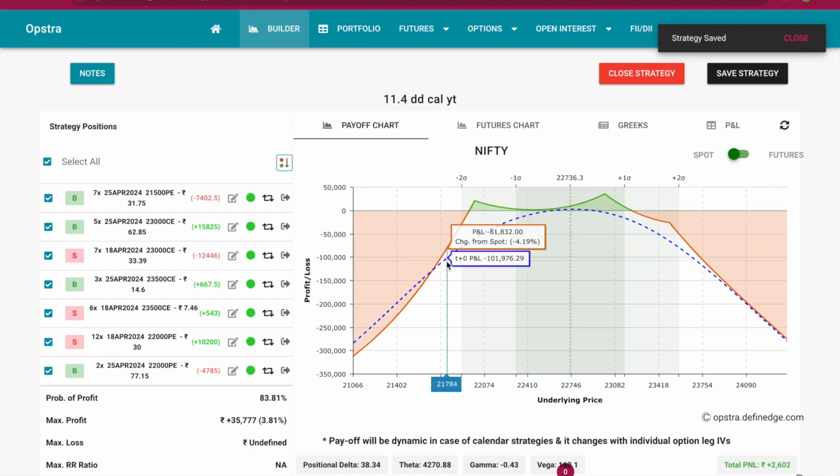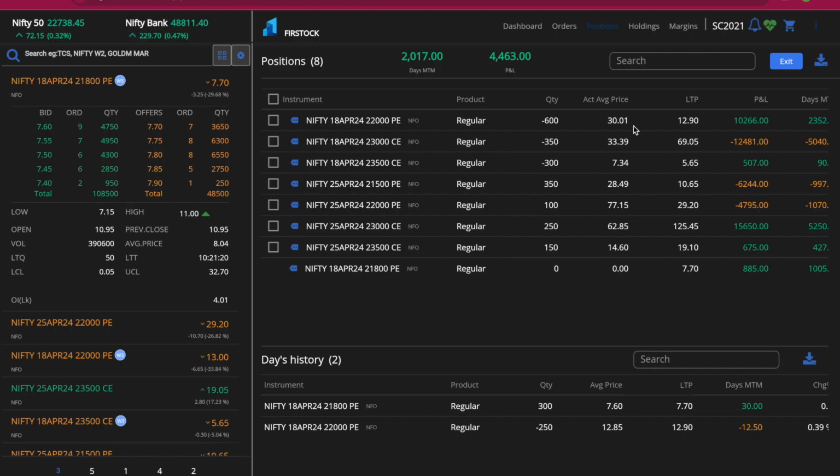So this is the fall, but we also have to see we have some PEs bought in, and the 22,000 PE is the thing that is going to help us out. Okay, wait a second. 22,000 PE is the sold part, and the PE that is bought is around 21,500, and this is around 22,000 PE.